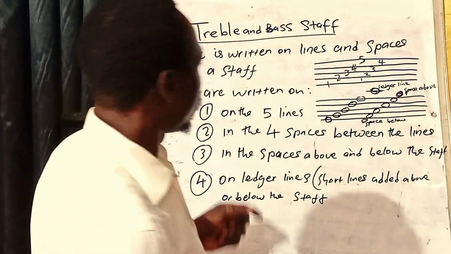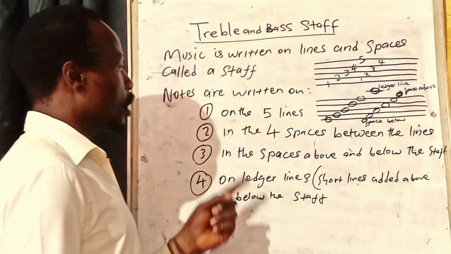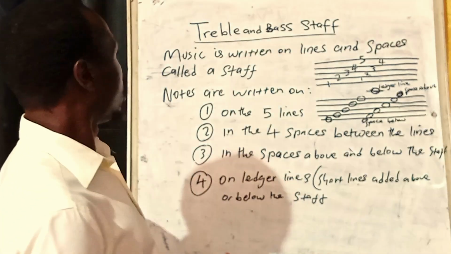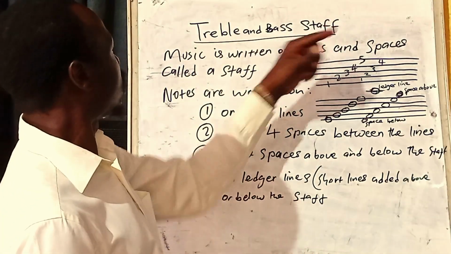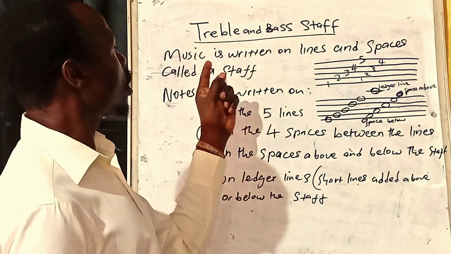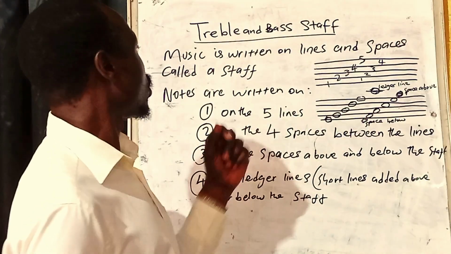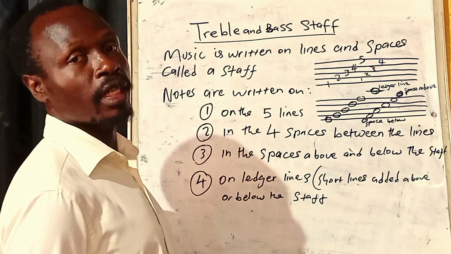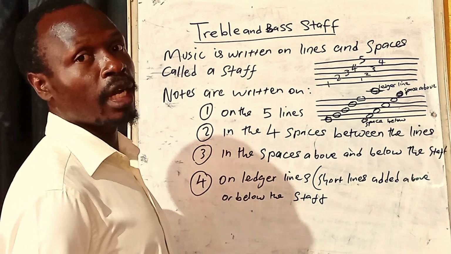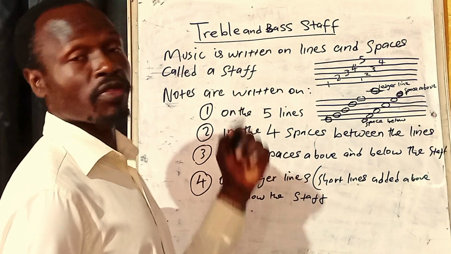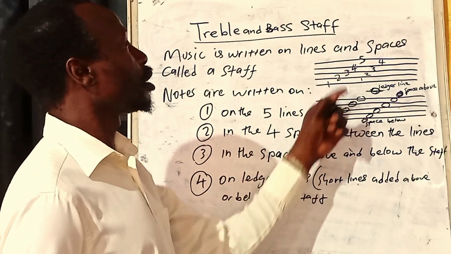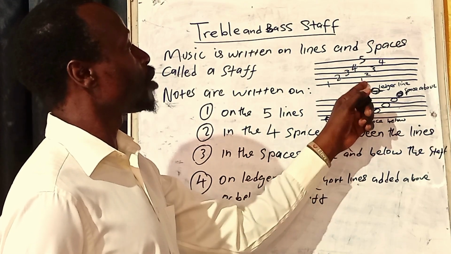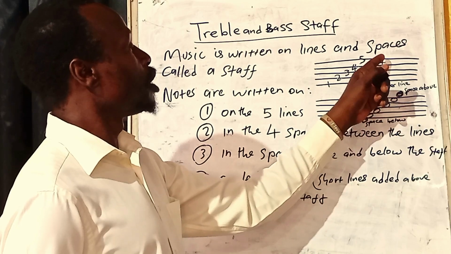So I hope you've taken the notes here. We said treble and bass staff. Music is written on lines and spaces called a staff. A staff is a set of 5 lines and 4 spaces between those 5 lines: line 1 to line 5, and space 1 to space 4.